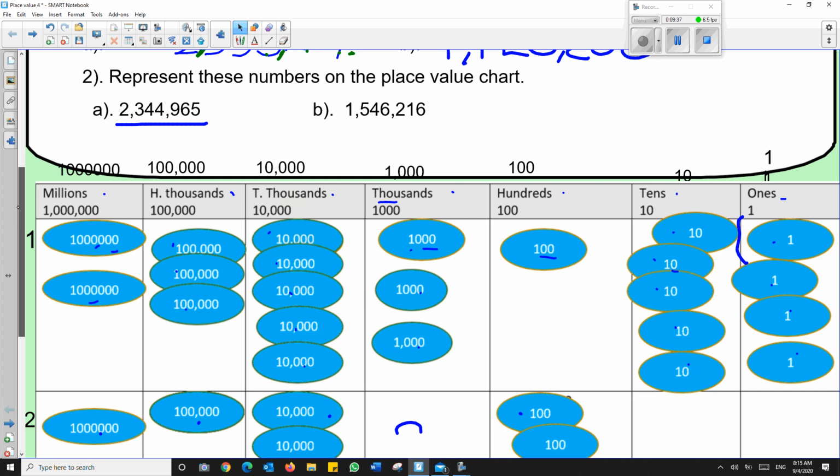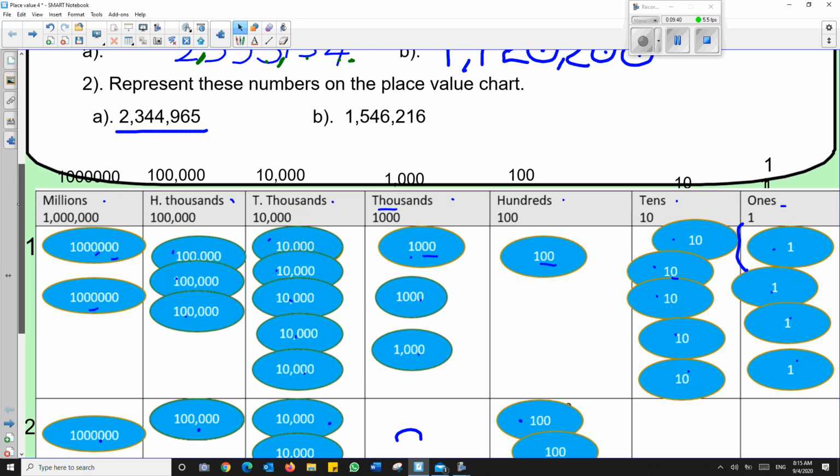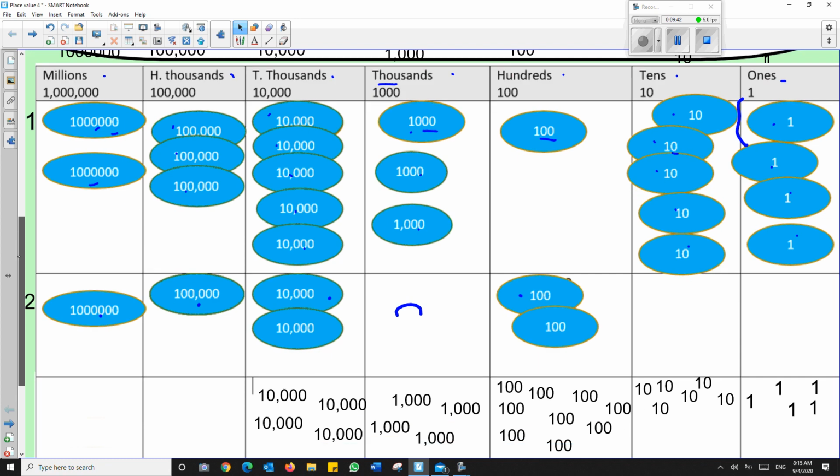In the 100,000s column, there are 300,000s. For 300,000, 1, 2, 3.